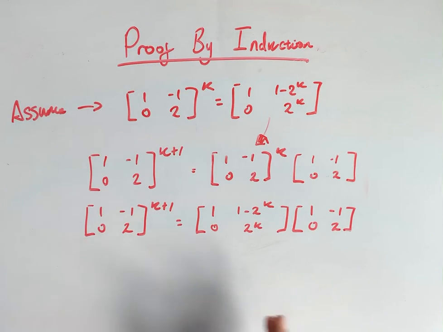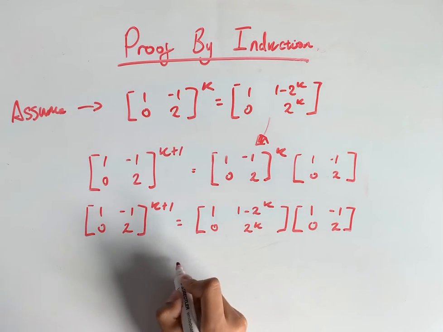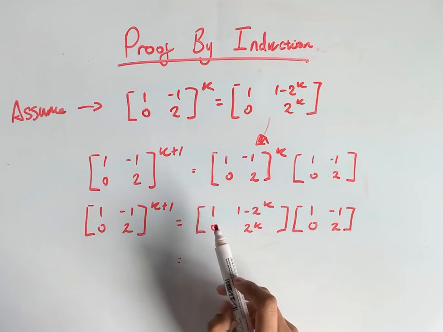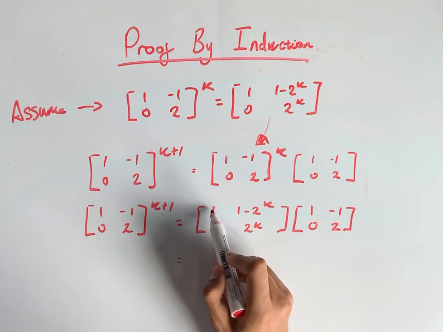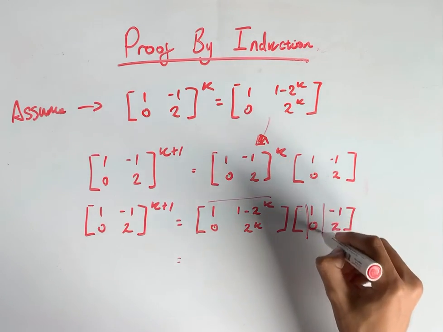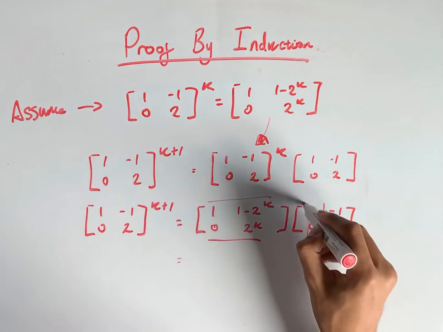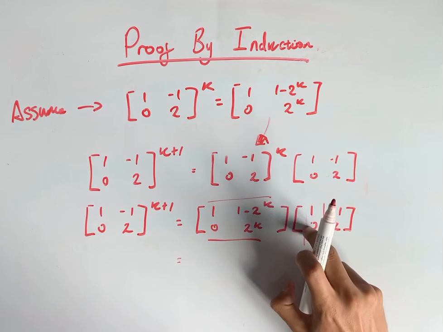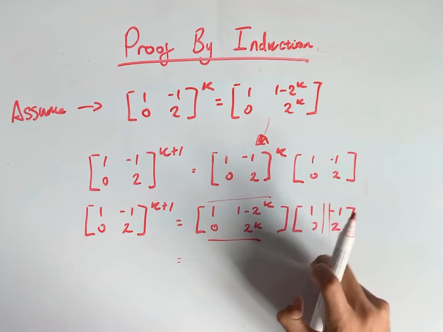Now, once we're at this point, we can just do some matrix multiplication. Now remember, with matrix multiplication, you do this times this, and then times that, and then you do that bottom row times that, and that gives you your 4 elements of your matrix.